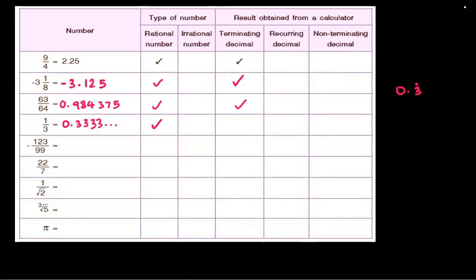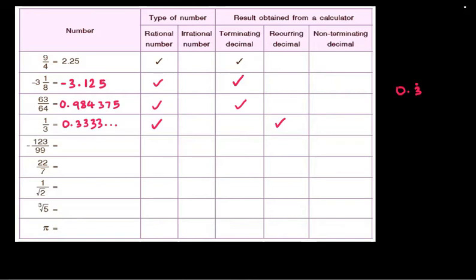They cannot stop. 3 continues endlessly. So this kind of a decimal, we call it a recurring decimal. You can also call it a repeating decimal. I believe you can get that.